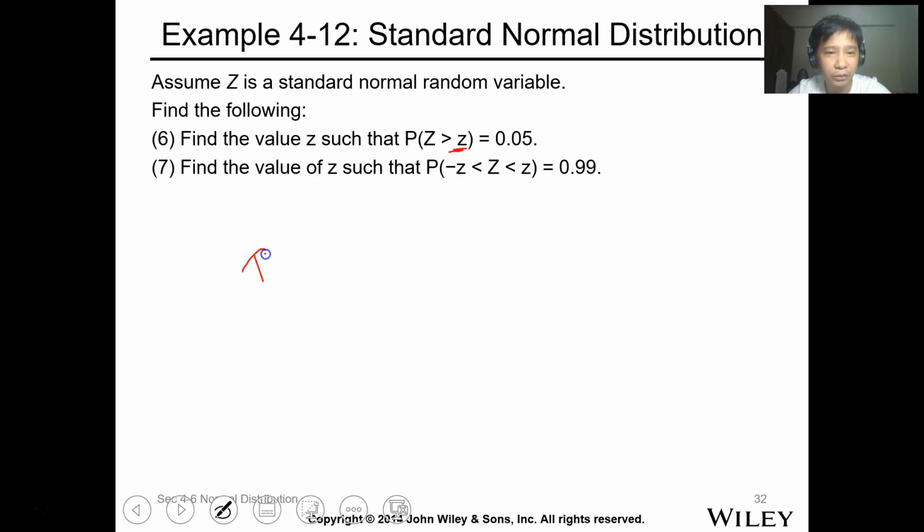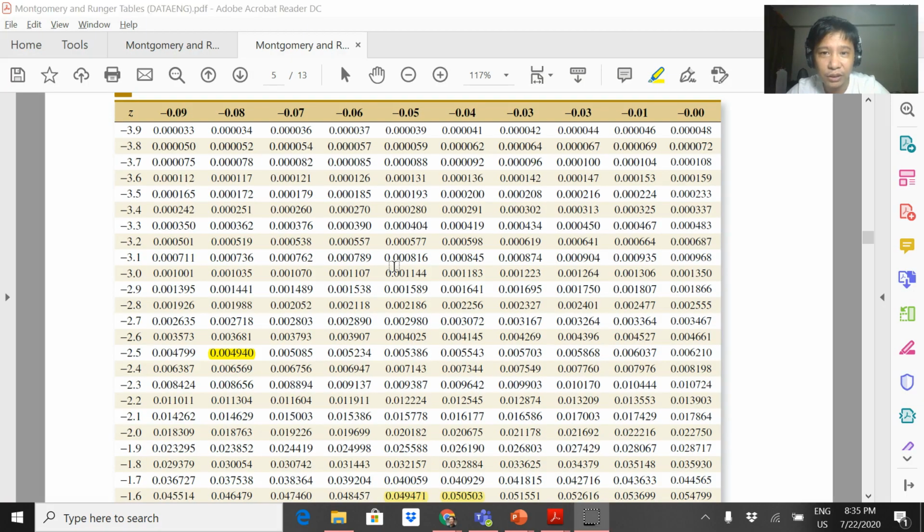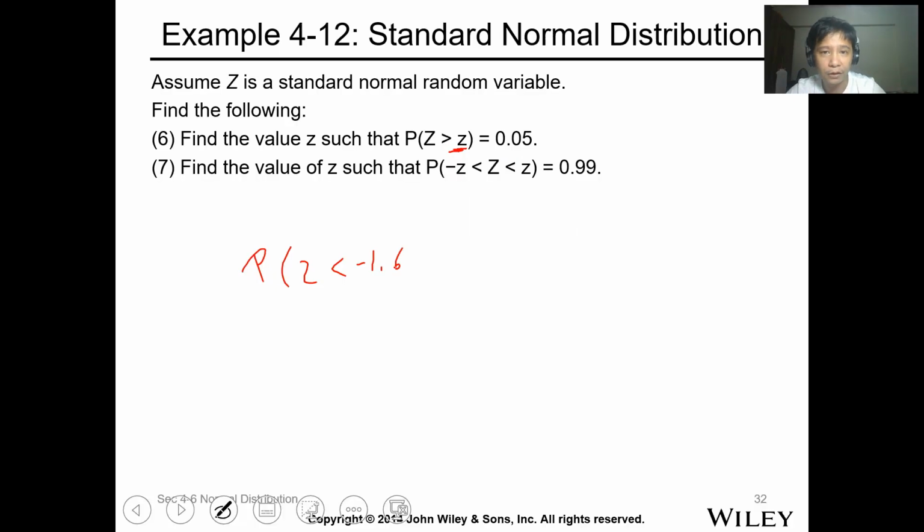So, yung probability of Z, dito Z less than negative 1.64. Ano nakuha natin? 1.64 will have a value of 0.05 probability.